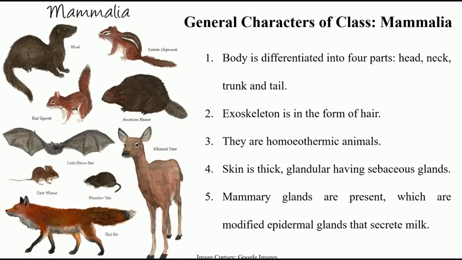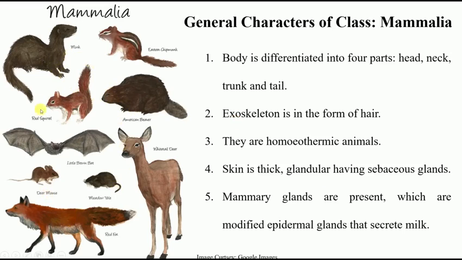First of all, the body of mammalian organisms is differentiated into four parts: head, neck, trunk and tail. But if you see the various animals included in the class Mammalia, they have variable body shapes.